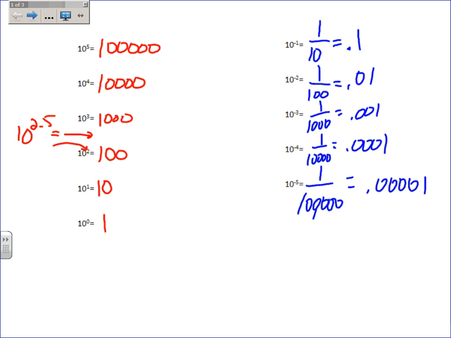And once again, if I were to ask you, well, what if I gave you 10 to the negative 2.5, let's stick with the 2.5, you should be able to tell me kind of about where that fits in. So right about here is where that would fit in, right? Negative 2.5 is in there somewhere. And so the number would have to be in between those numbers somewhere, which is on that prerequisite worksheet why I gave you a couple numbers and said, give me a decimal in between there. Okay, to make sure that you could do that. Okay?